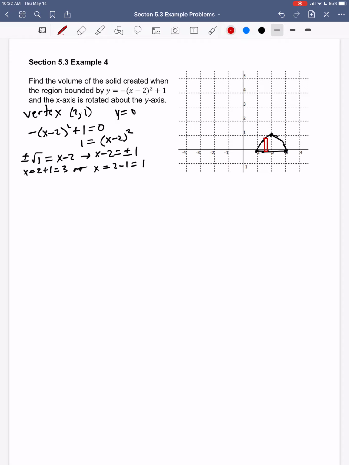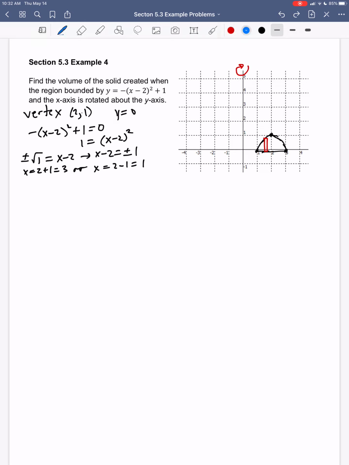Now I say, okay, I'm rotating around the y-axis, so that's going this way. Well, if I'm rotating around the y-axis, then my rectangle will be over here, and I'm going to get one of those cylindrical shells, right? That's the type of shape I'm going to get when I rotate. So I'm going to have to use the shell method.